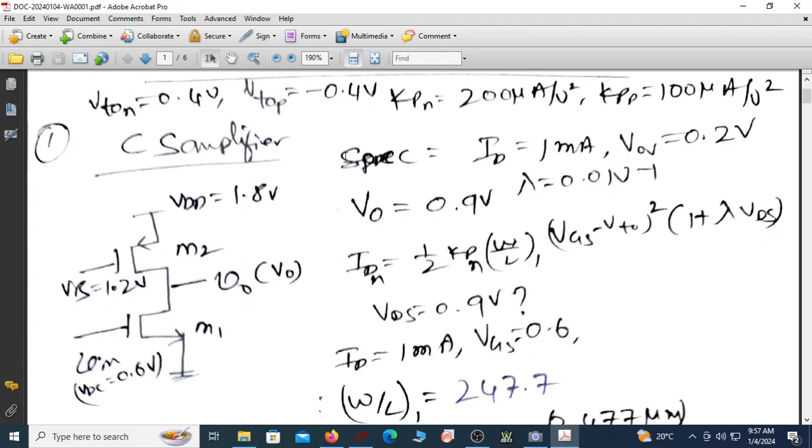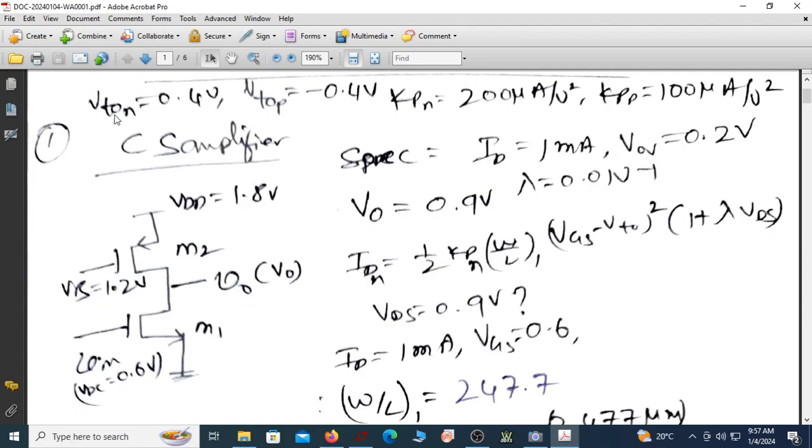The specifications are, we are designing this amplifier with a drain current of 1 milliampere. We are assuming the overdrive voltage of both the MOSFETs as 0.2 volts, that is 200 millivolt is the VOV. We know that VOV is nothing but VGS minus VTH.